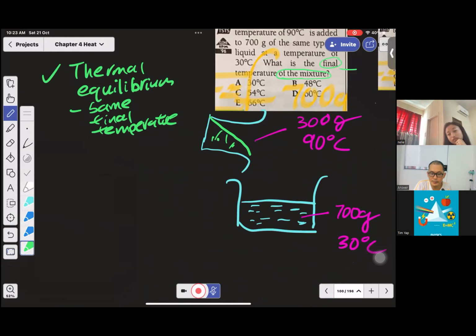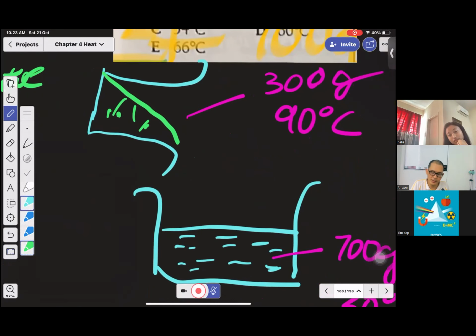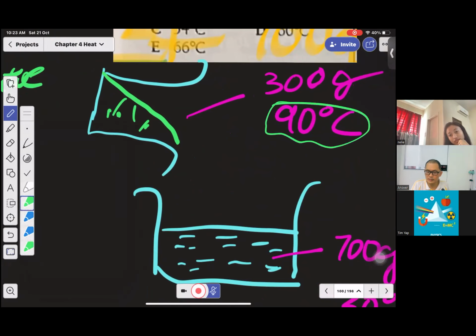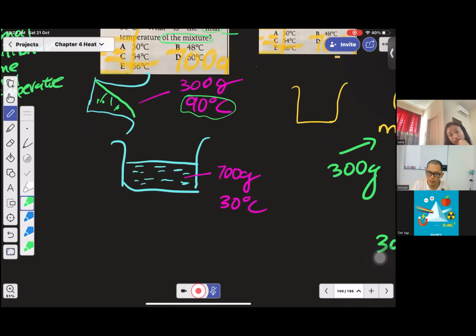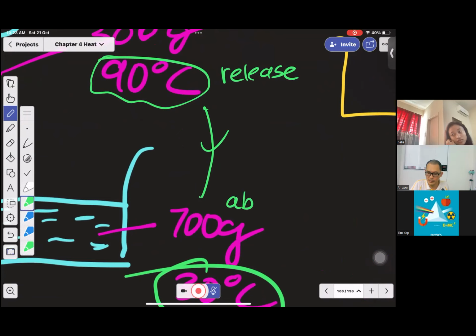Okay, secondly, you have to assume that all the heat released by the hotter object is fully absorbed by the cooler object. So this one releases this amount of heat, which will be fully absorbed by this liquid.